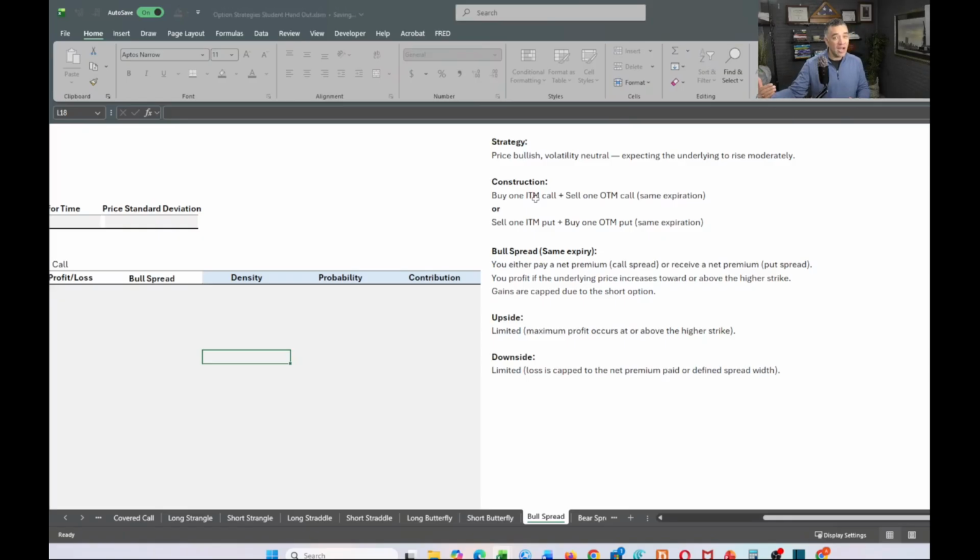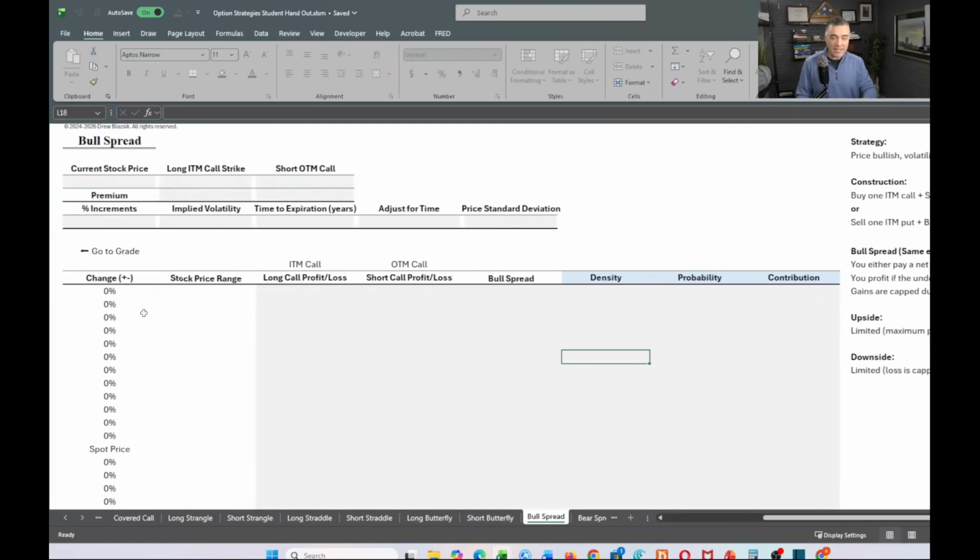So if the stock is $100, for a put in the money, it's got to be 105, 103. A call in the money would be at 95 if the stock price is 100. So that's what it means. ITM is in the money, out of the money, which is what we did with the put and the call. So based off those strategies, you're going to plug these values in and figure out the rest.